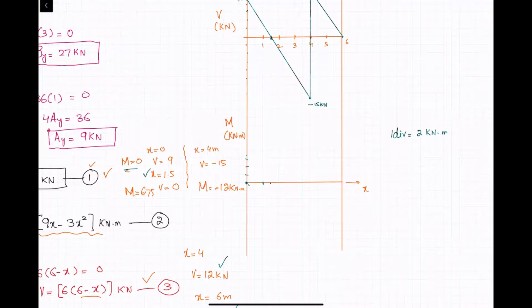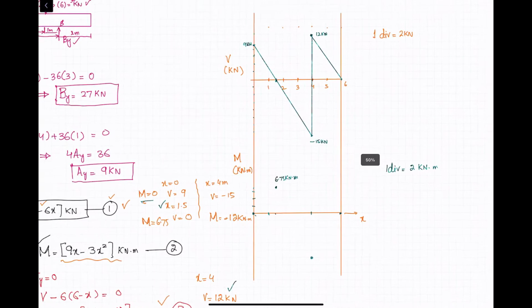So at x is equal to 1.5, this will be your second point. This is 6.75 kilonewton meter. At x is equal to 4, 4 means this point is 4. We have minus 12. So 1, 2, 3, 4, 5, 6. So your third point will be this. And at x is equal to 6, we have this is 0.